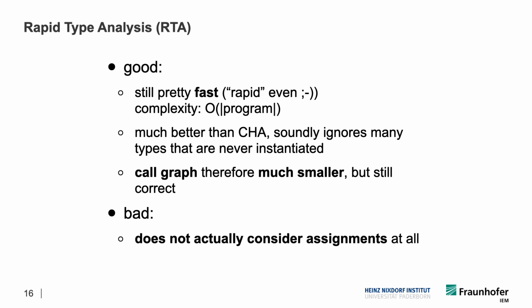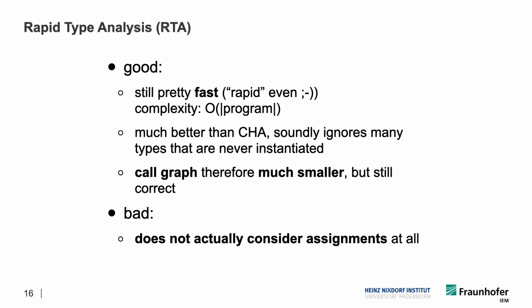And it really has linear complexity in the size of the program, right? So you're just doing a linear, syntactic scan through your program, not looking at assignments or anything. So that's pretty cheap. And it's much better than CHA, and it soundly ignores many types that are never instantiated. And therefore the call graph is much smaller, but it's typically still correct.